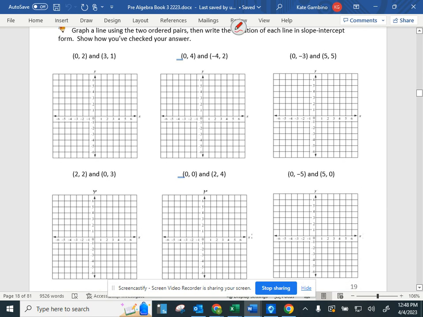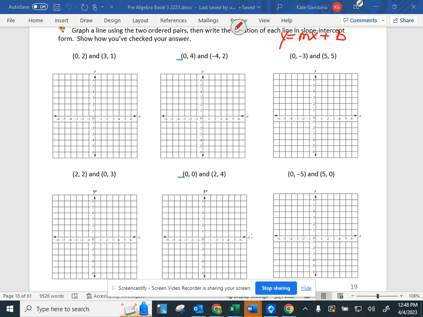We have to remember that if we're doing it in slope-intercept form, that's y equals mx plus b. That's going to be our answer. We're going to have numbers put in for the m, something put in for the b, with our y and our x. So our first step is to graph a line.